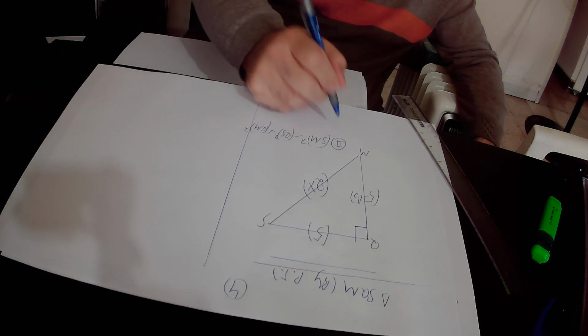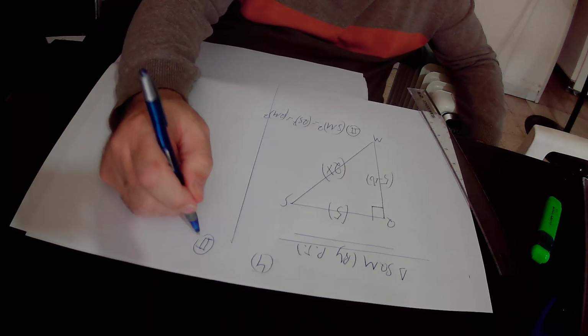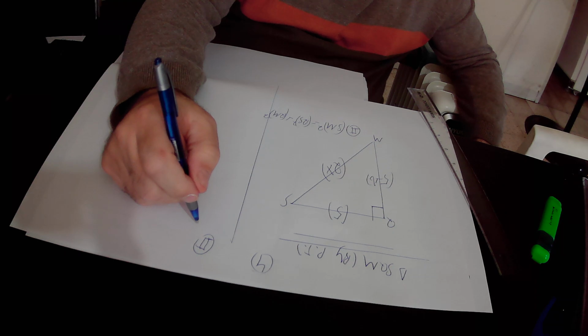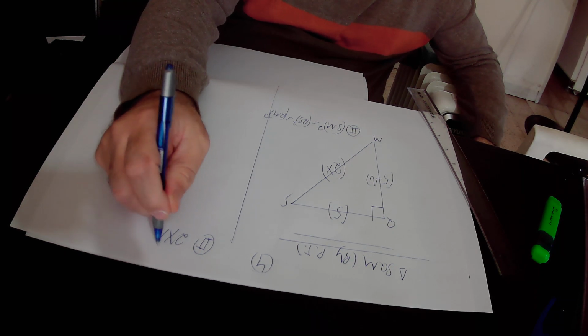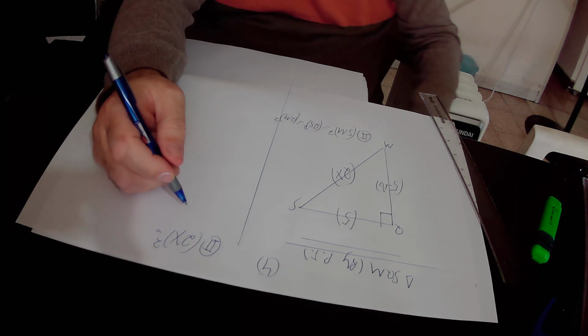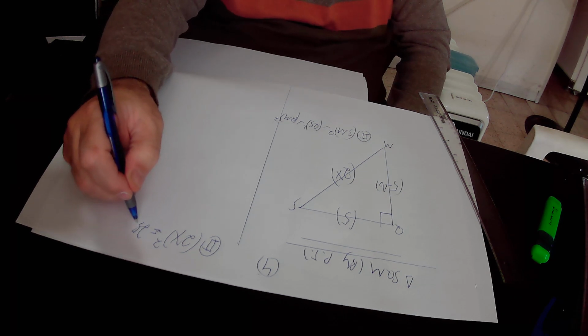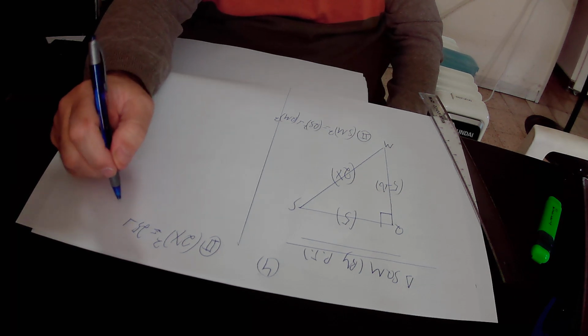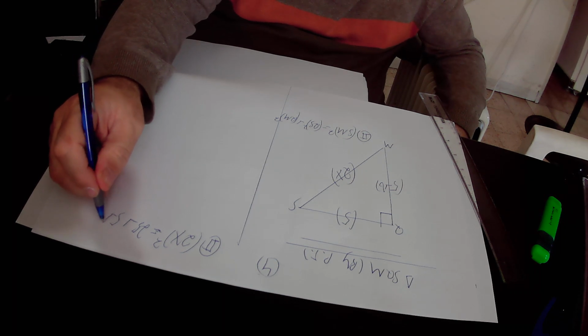This is equation number 2. According to equation number 2, SM is 2x, therefore SM square is 2x squared, and it equals QS square. QS is 5, therefore QS square is 5 squared, that is 25, plus QM squared. QM is 5 plus B, therefore QM squared is (5 plus B) squared.